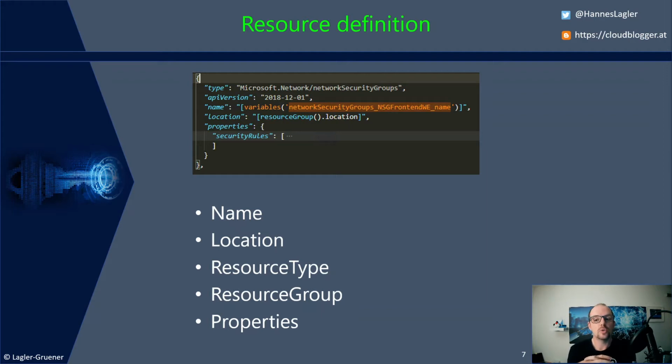So we are using resourceGroup().location, and this is every time the same. When you deploy a network security group to a resource group, we always choose the location of the resource group. And at the end, it depends on the resource provider.